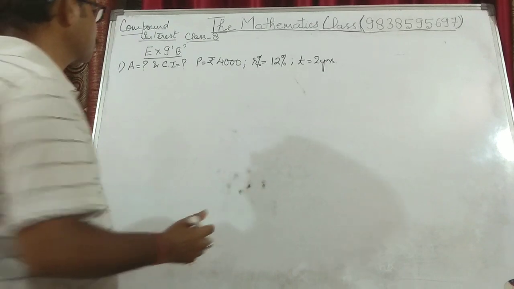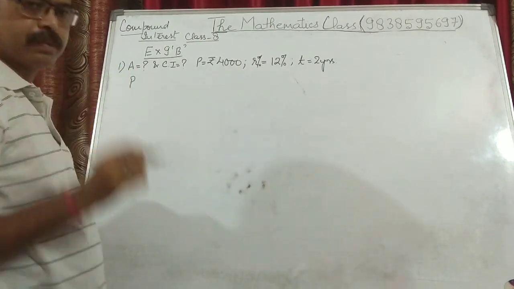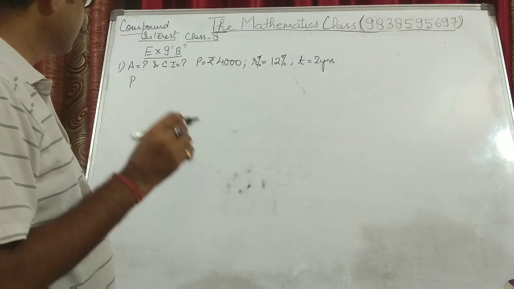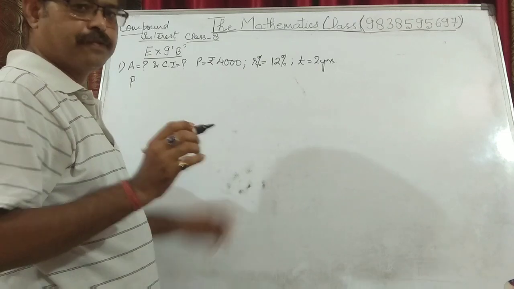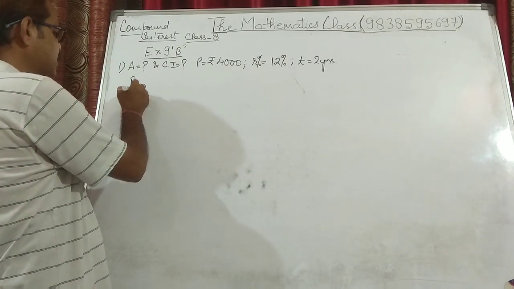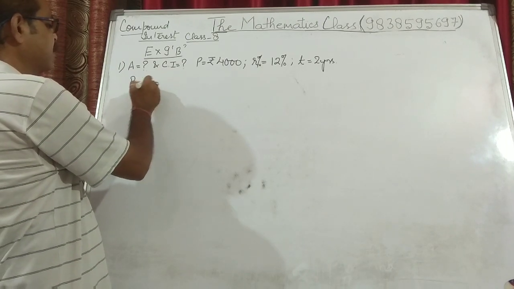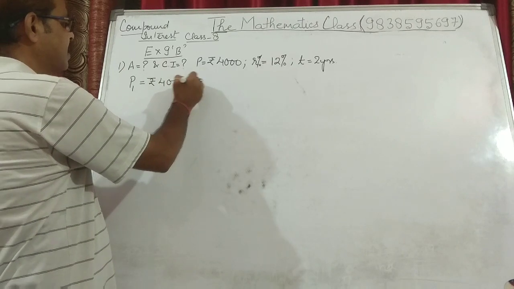Now let's see how to solve. P is the principal. In this case it is before the first year, so I am taking the principal for the first year as P1. P1 is given as rupees 4,000.